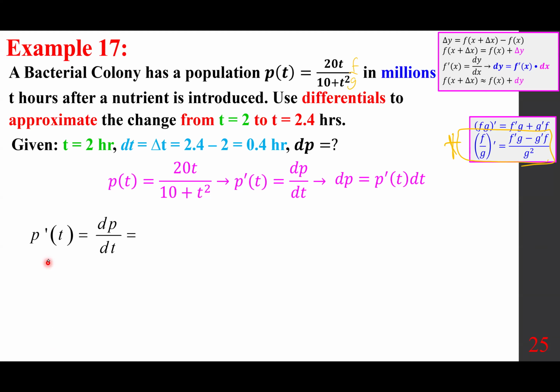So P prime, or dP/dt, is, let's use the quotient rule, everybody, which means f prime, 20, times the denominator g, 10 plus t squared, minus g prime, the derivative of the bottom, which is simply 2t, times the top function f, 20t, over the bottom function squared, (10 + t²) to the second power.